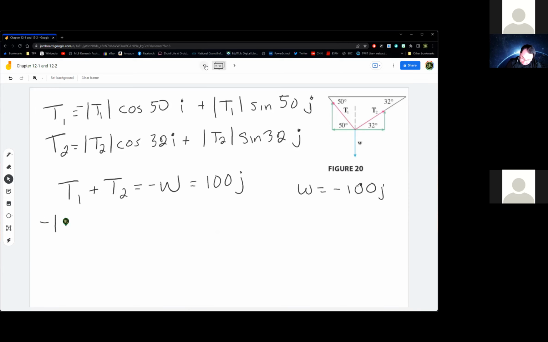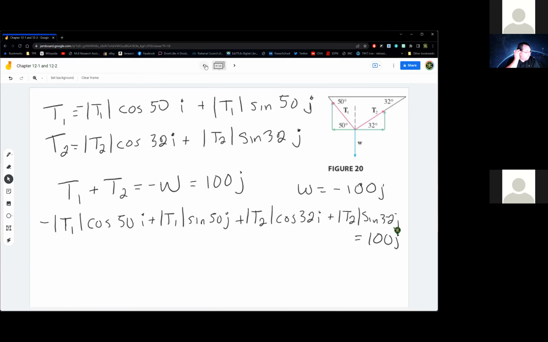So I've got negative the magnitude of T1 cosine 50 I plus magnitude of T1 sine 50 J plus magnitude of T2 cosine 32 I plus magnitude of T2 sine 32 J equals 100 J. If we take each piece, negative the magnitude of T1 cosine of 50 I plus magnitude of T2 cosine of 32 I has to equal 0 I, because there's no I in the other part.